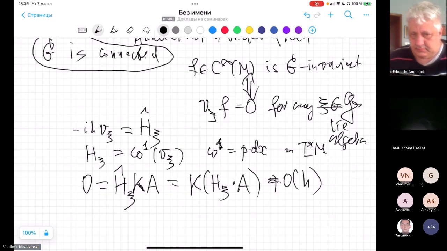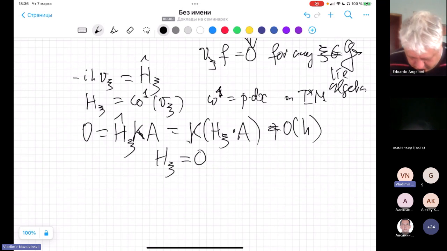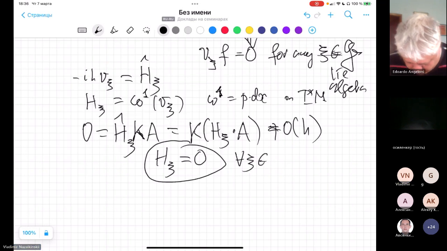So the amplitude is arbitrary here so far, and so we must require that h psi is equal to 0 for all psi in G.